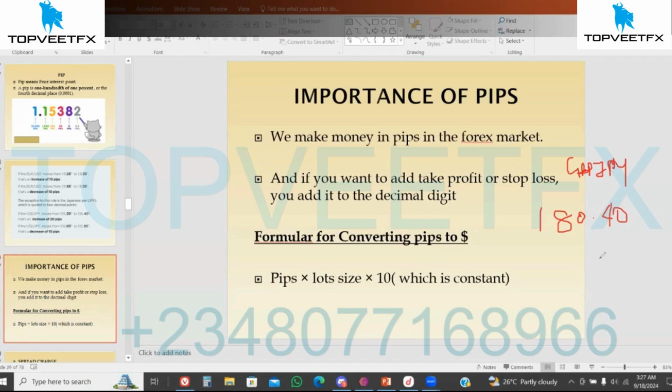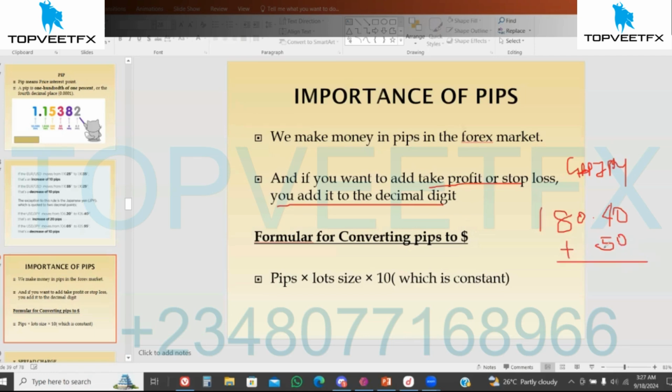So I want to add 50 pips to it. We said that if you want to add take profit or stop loss, you add it to the decimal digits. So now this is 50.